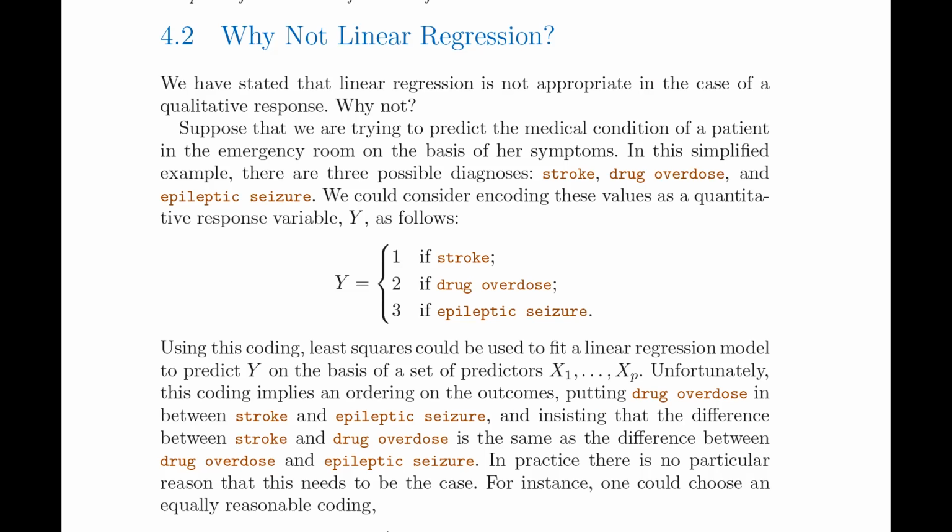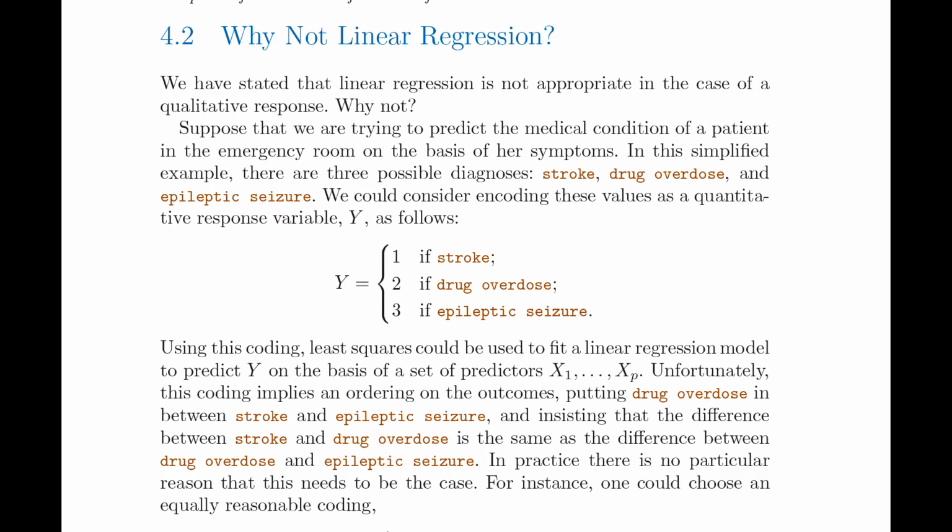In the simplified example, there are three possible diagnoses: stroke, drug overdose, and epileptic seizure. We could consider encoding these values as a quantitative response variable y, as follows.